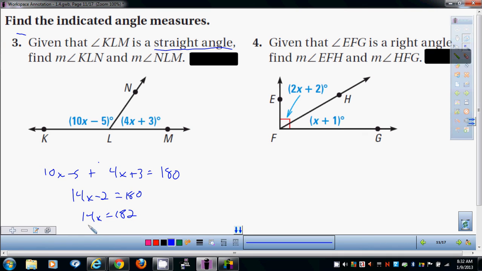Perfect. Then what did you do? $55. And did those in fact add up to 180? Then you did it correct. So she plugged 13 in there and there.